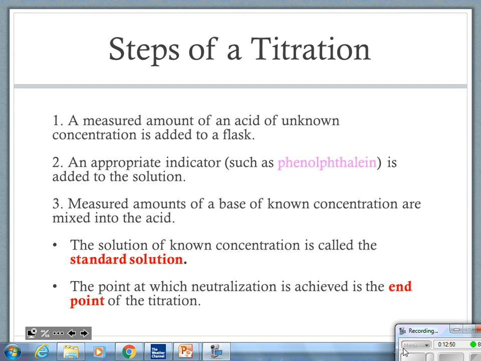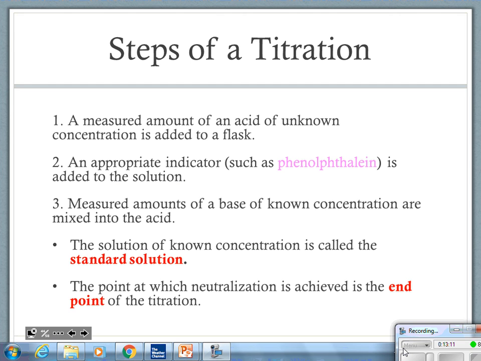And to it, you add an appropriate indicator. Phenolphthalein is the one that I love to use. Then you take a measured amount of a base of known concentration.